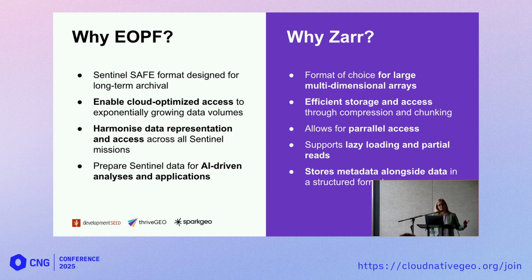One aim of this activity is to harmonize the data representation and access, at least for Sentinel-1, 2, and 3 data. And with this, it also comes to make it ready so that users can run AI-driven analysis and applications on top of Sentinel data or with the help of Sentinel data.